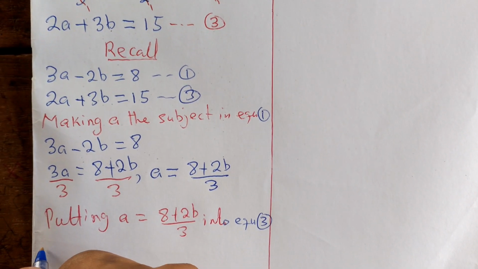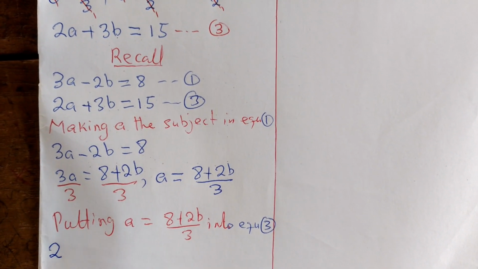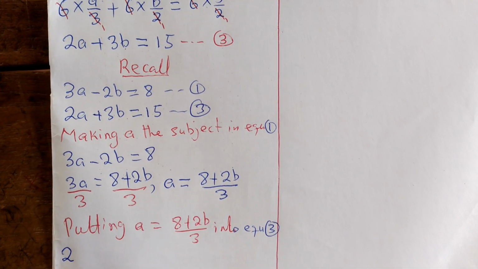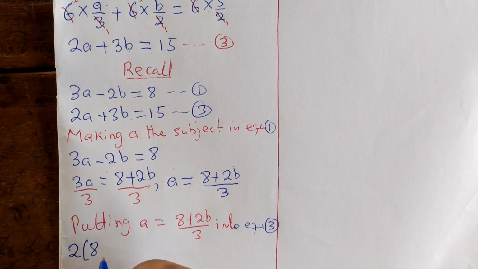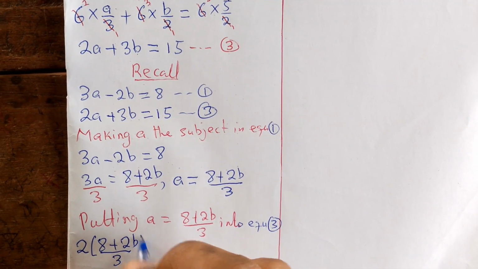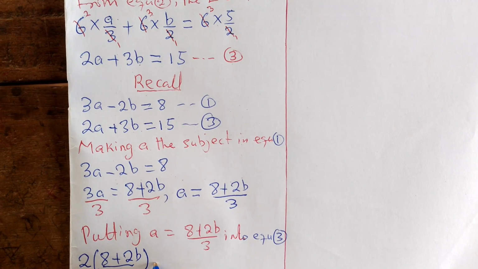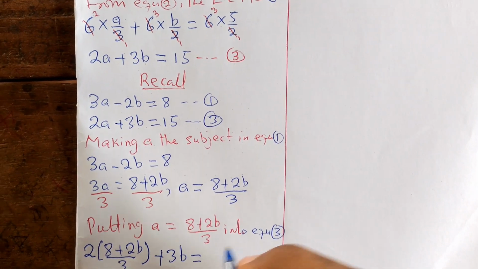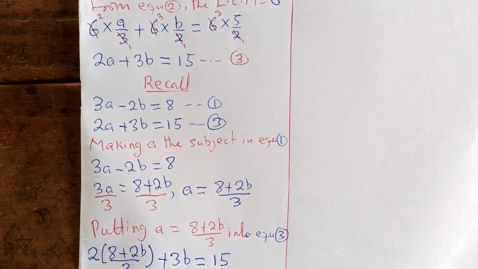So I have 2, that is here, and a is 8 plus 2b out of 3. I close the bracket. Plus 3b is equal to 15.